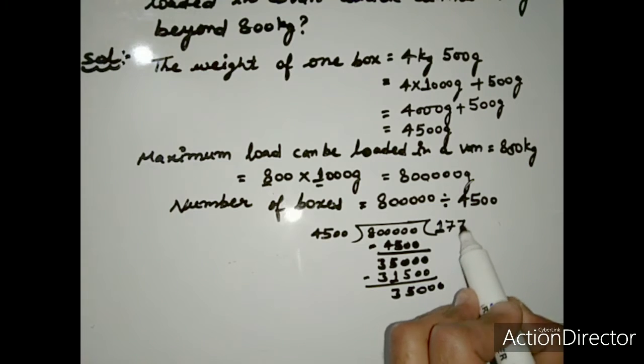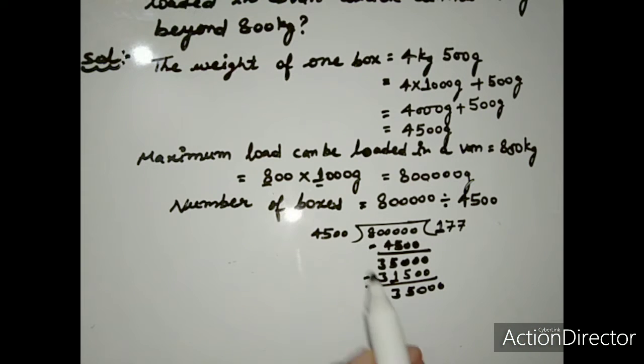And again we divide 35,000 by 45. Then again we multiply 4500 by 7. Then we get 31,500. Then here the number left is 3,500.